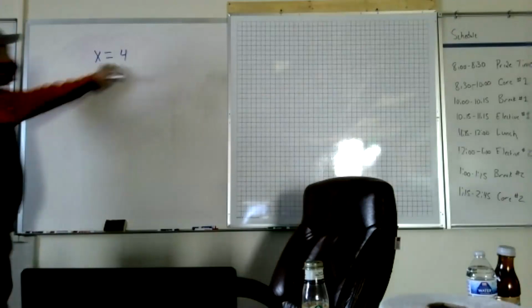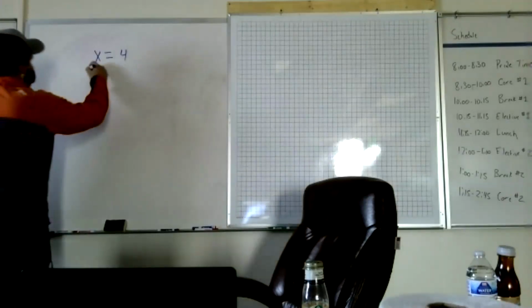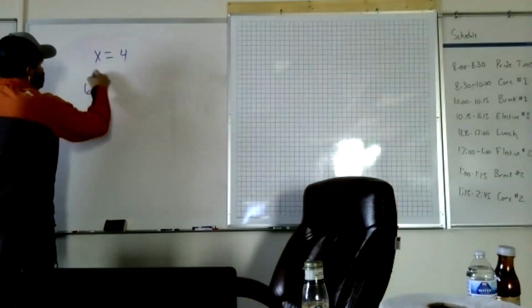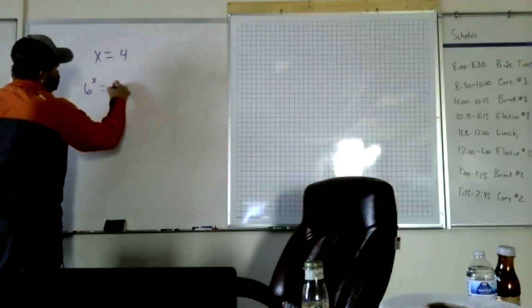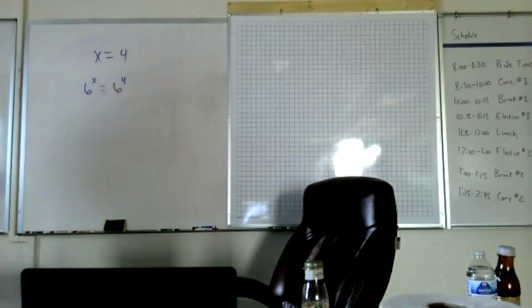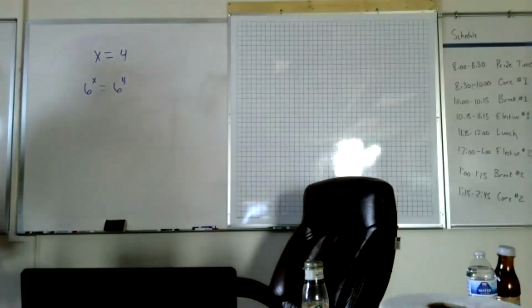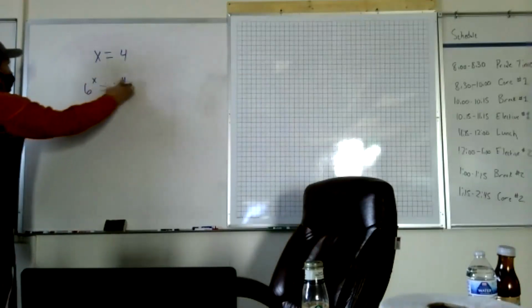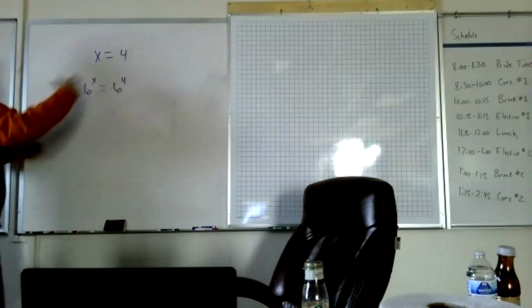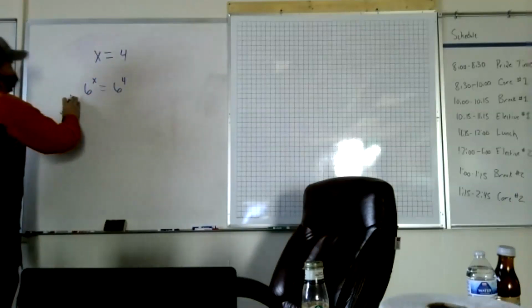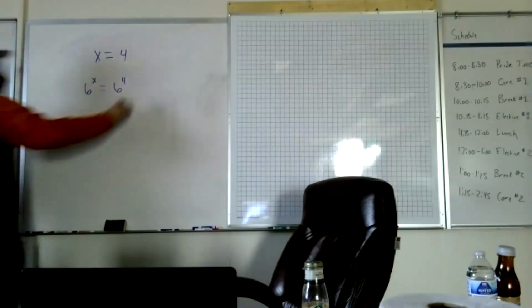So if we have x equals 4, if I were to raise these to the power, or say exponent, 6 to the x is equivalent to 6 to the 4th, that doesn't materially change my equation. All I did is add a base. I'm treating these now as the exponents, and it stays the same because whatever I've done on the left side of my equal sign, I've done on the right side.